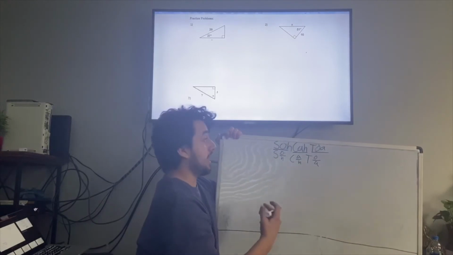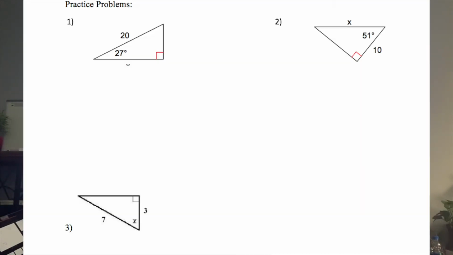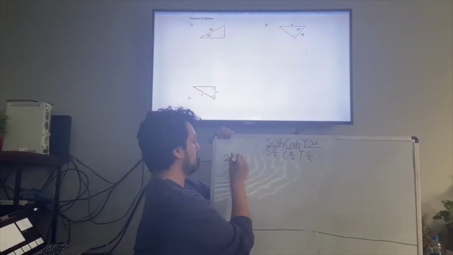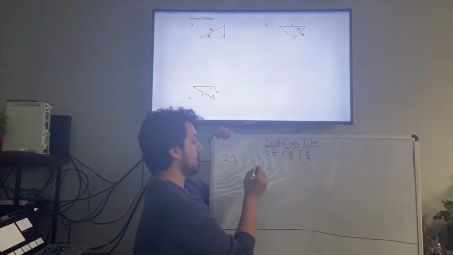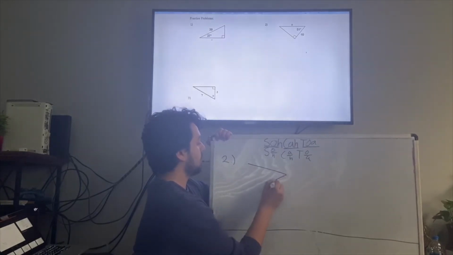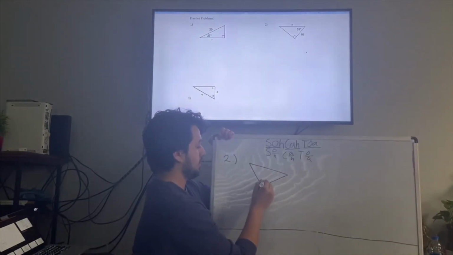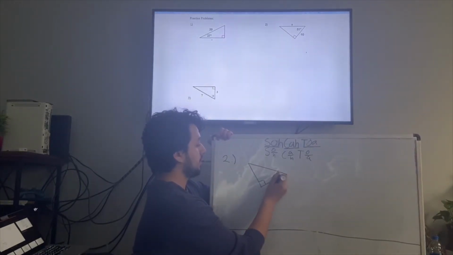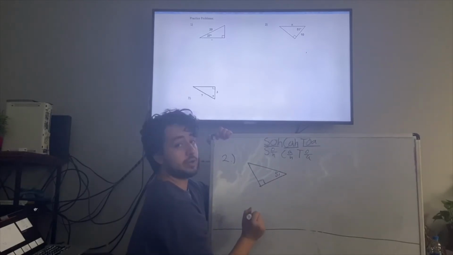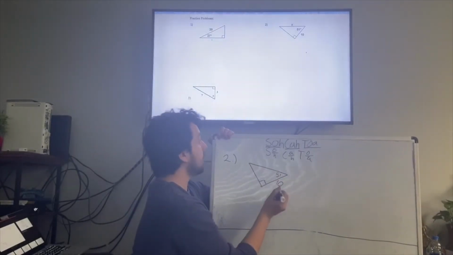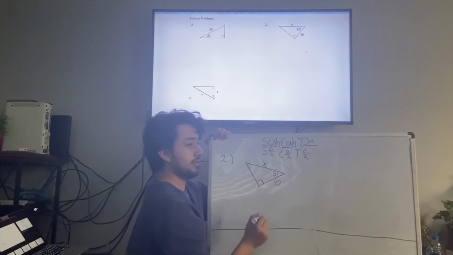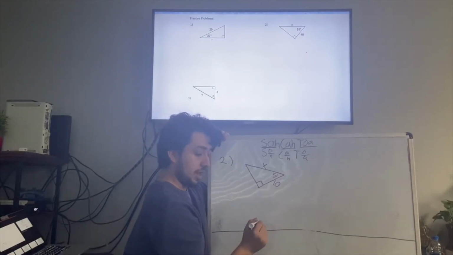Just as before, I have example problems for each station. Last time I did question 1, let's do question 2 this time. So we have an angle of 51 degrees, a side length of 10, and our hypotenuse is x. How do we set this up?